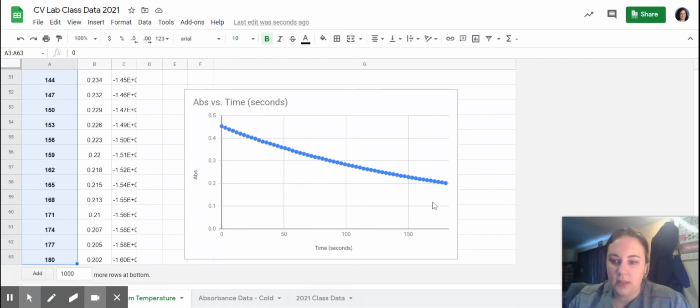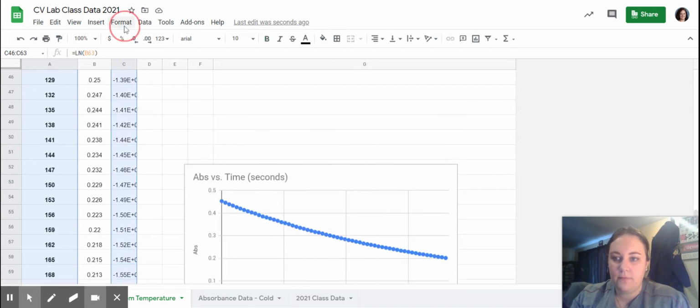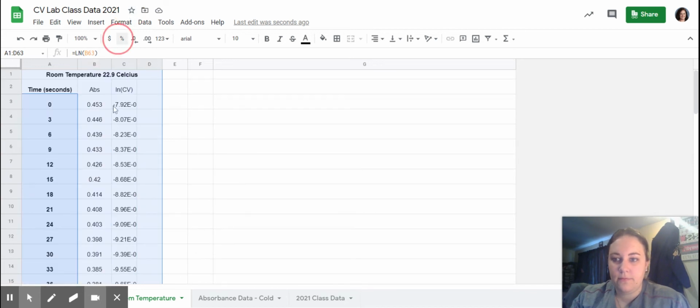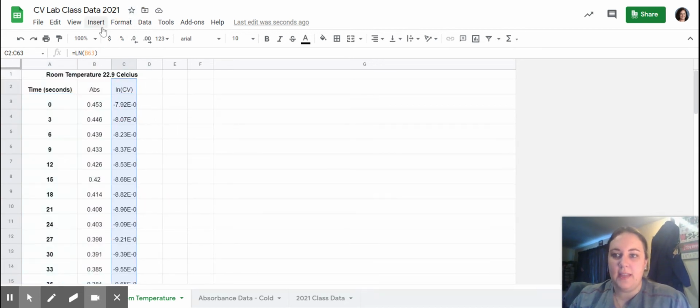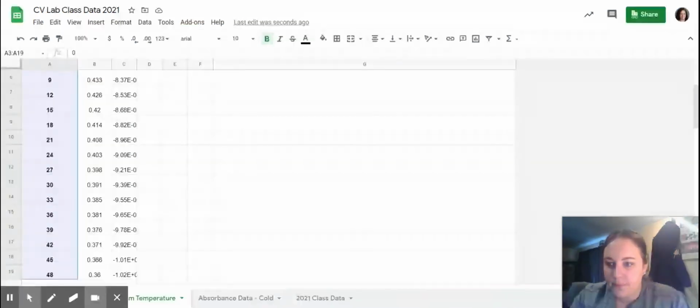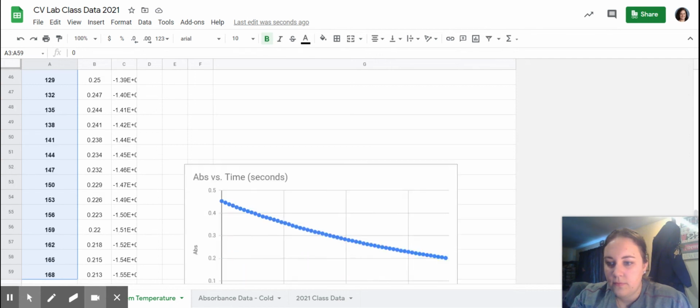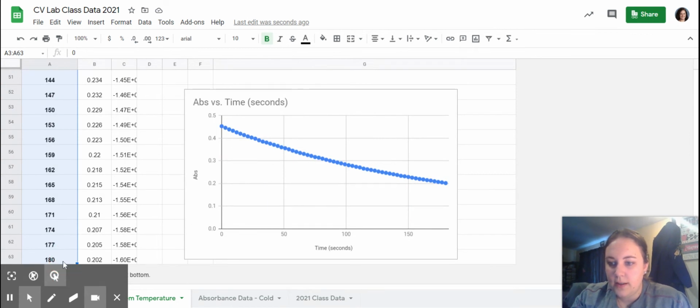Hold down my control key and select that next set of data. And then same, oh man. Okay, this worked better a while ago. So data.